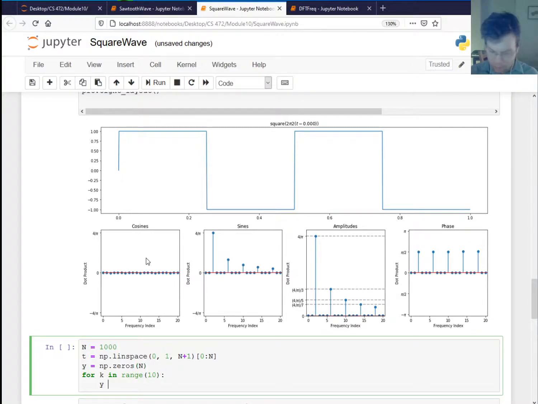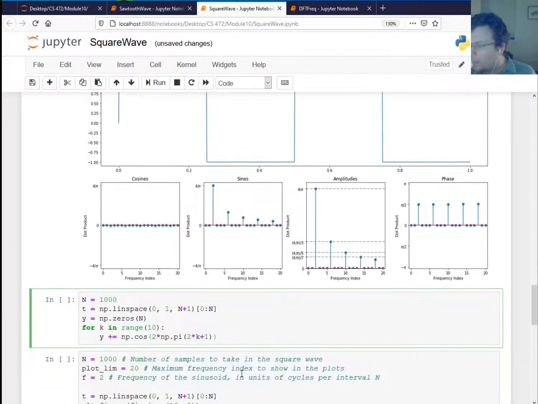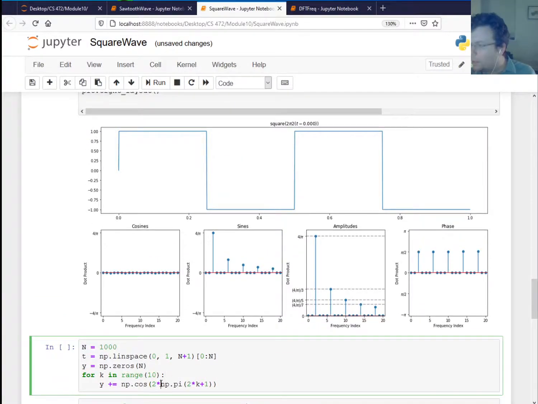I'll say y plus equals np.cosine of 2 pi. Here's a slick thing I can do: 2 times k plus 1. Let's see, will that do it? Yes, except the first one is going to be 2 hertz, so I also need an additional multiple here of 2 hertz. That would be the first one.